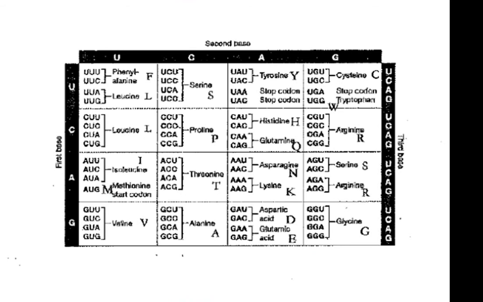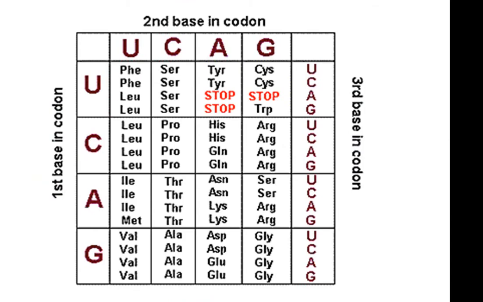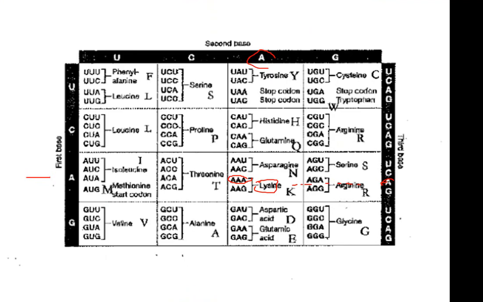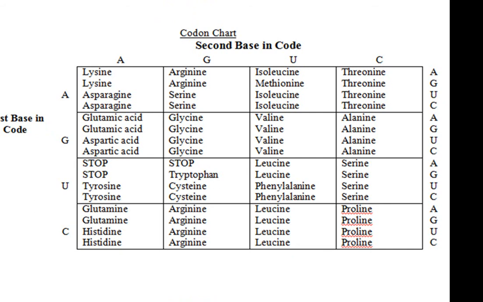So A, first base, second base, and then the third base. Follow it, follow it. There we go. Lysine. Let's go back up here and see A, lysine. You should not get a different answer regardless of the chart you use.